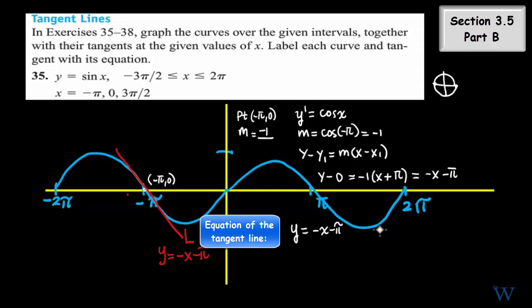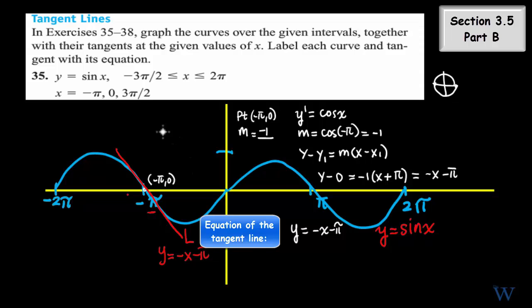And it says to label everything. This is our curve y is equal to sine of x. And then the line tangent to the curve at x equal to minus pi is y equal to minus x minus pi.